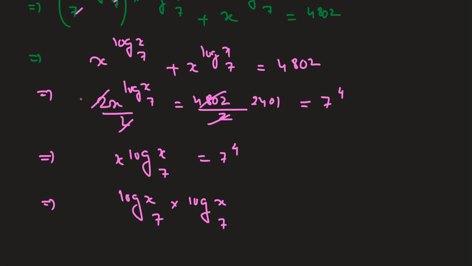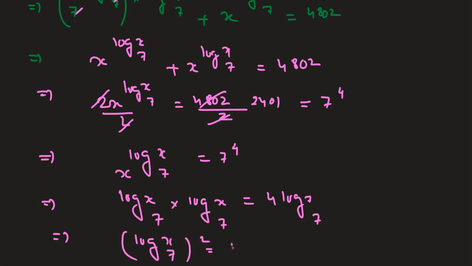Here one thing, the power comes down in front. So here we get 4 log of 7 base 7, which is 1. So now log x base 7 whole squared is equal to 4.